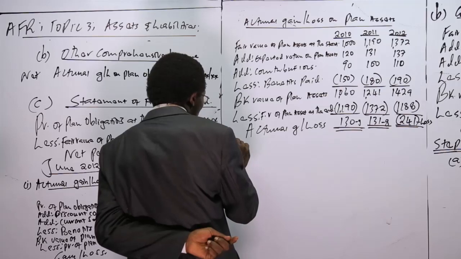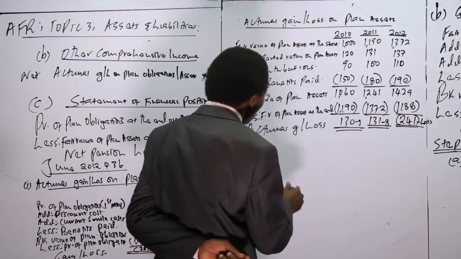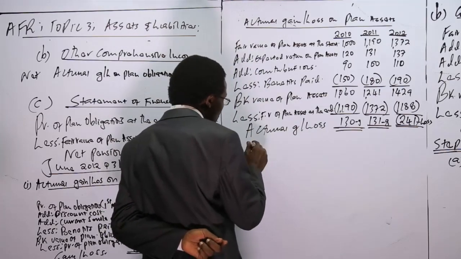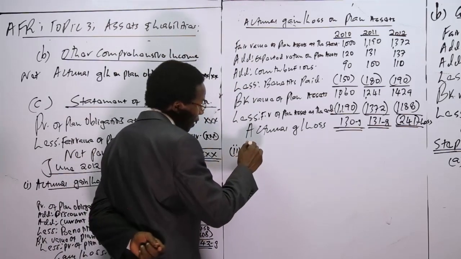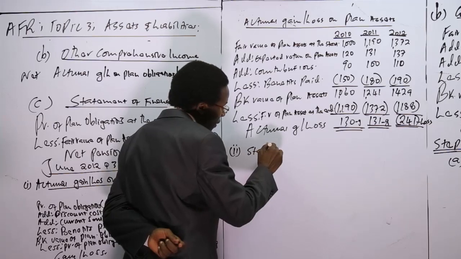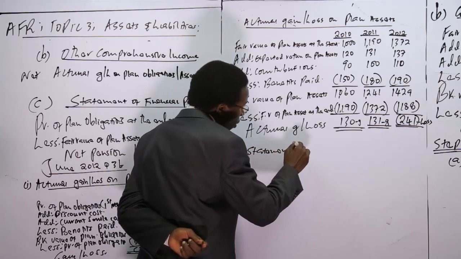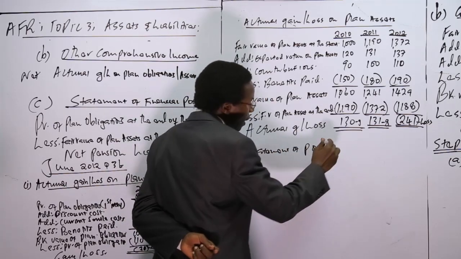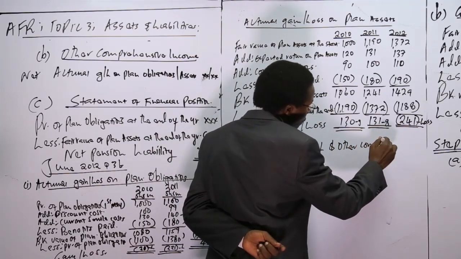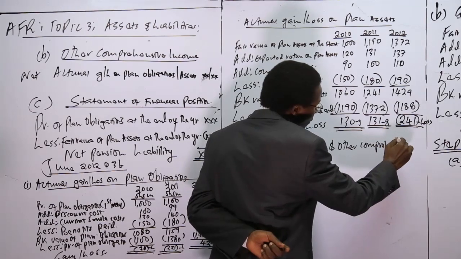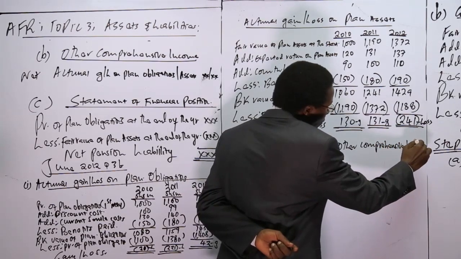So what will be Roman 2? In Roman 2, we want to determine the net pension expense. Let me just say the statement of profit or loss and other comprehensive income.